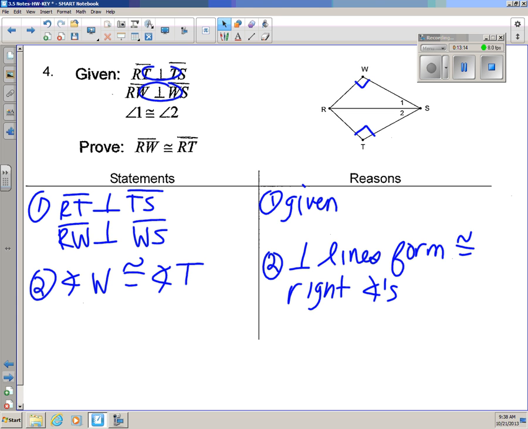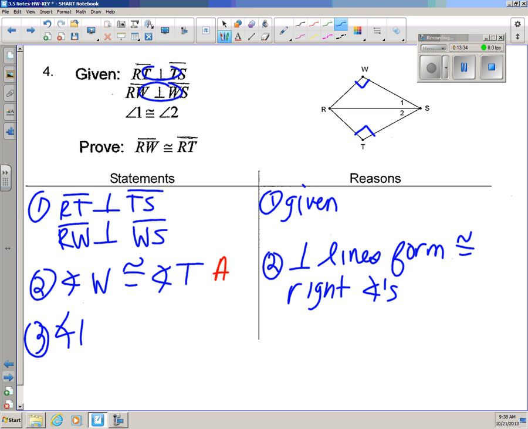You would still have to go one step further and say that angle W and angle T are congruent because all right angles are congruent. That's an extra step. Again, it's your choice of how you want to set it up. Neither are wrong.